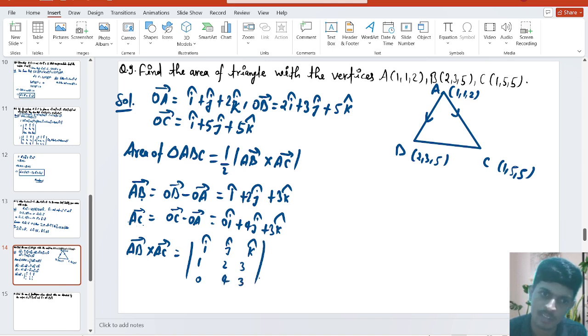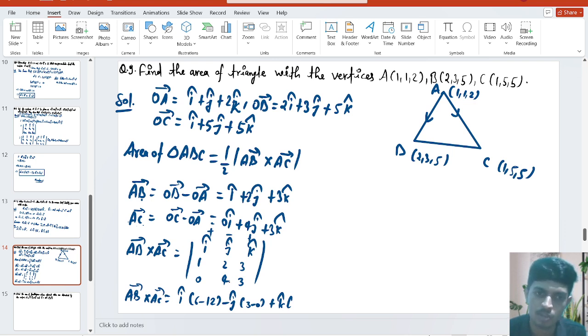Expanding along row 1 with signs plus, minus, plus: for i cap, removing the first row and first column, 2 times 3 is 6 minus 4 times 3 is 12; minus j cap, removing the second column, 1 times 3 minus 0 times 3; plus k cap, 1 times 4 minus 0 times 0.